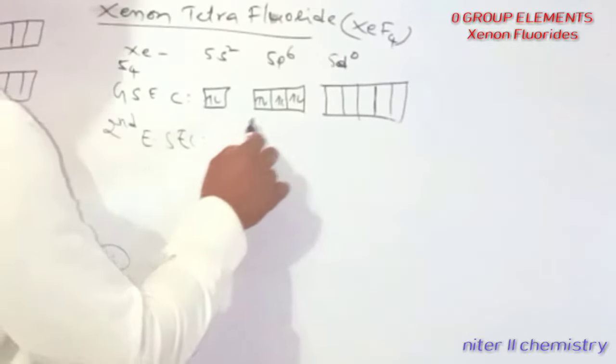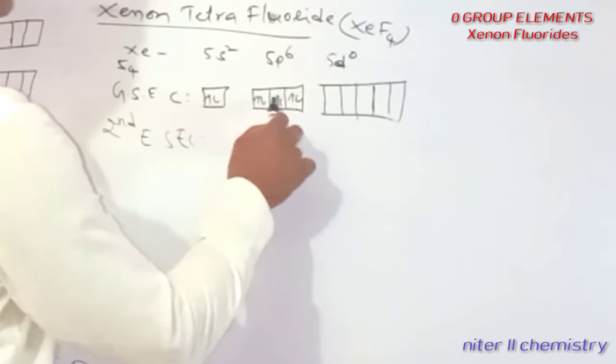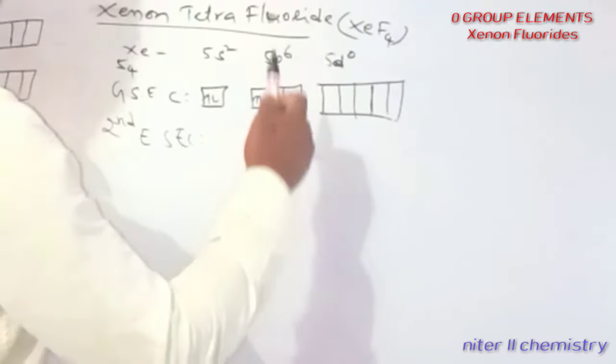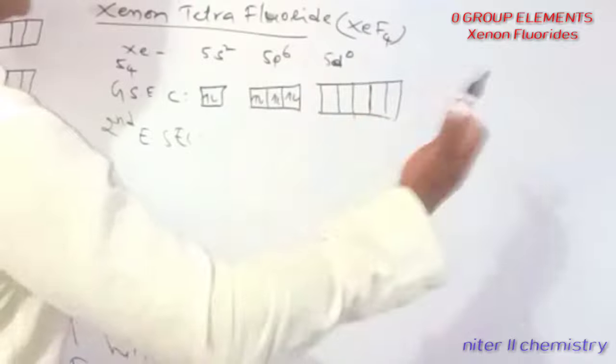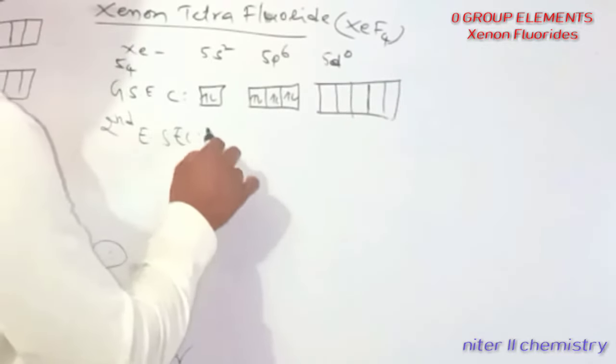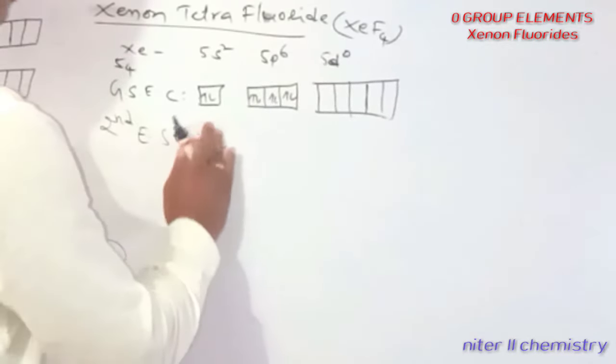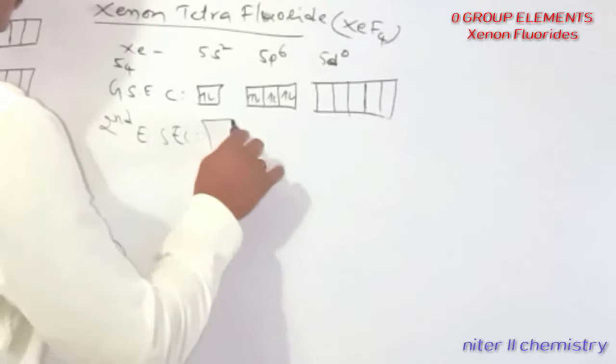Here 2 electrons of the p orbitals are excited to the d orbital, and we write s2 as it is.